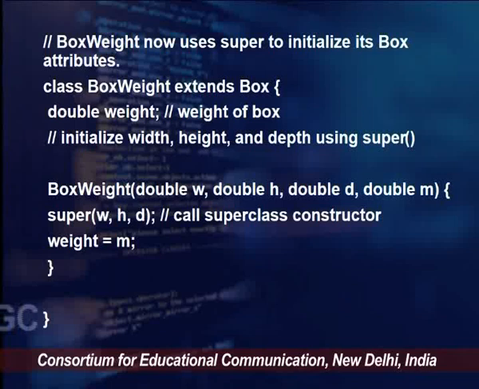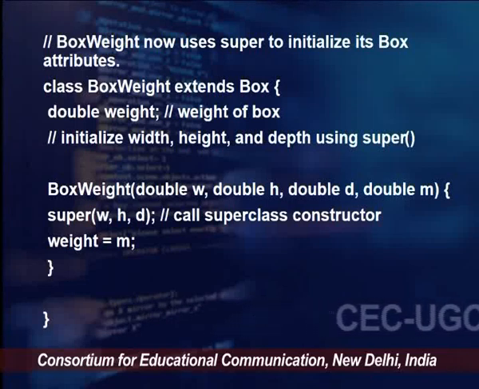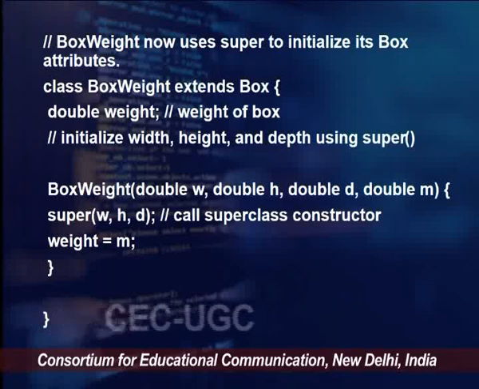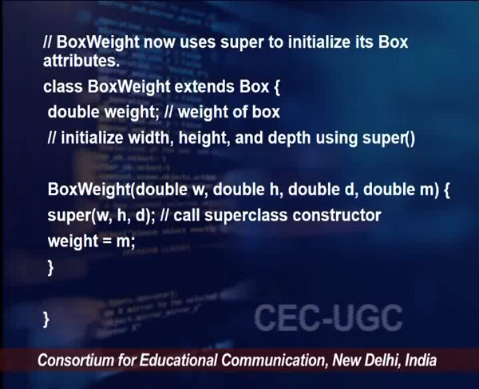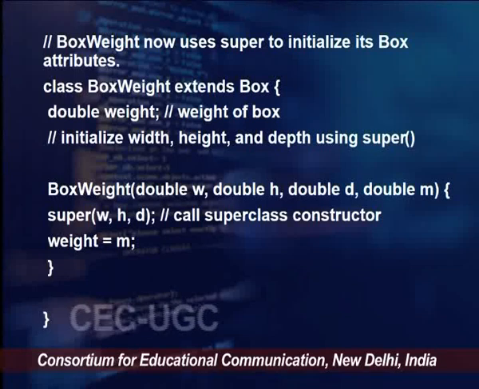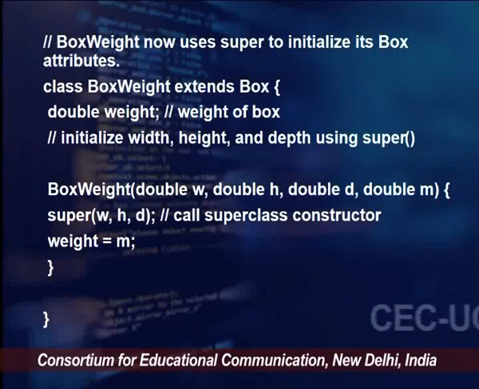So we have one class, Box, which is obviously the superclass we have seen in our previous examples, and we have BoxWeight, which earlier was initializing the width, height and depth and also the weight. Weight is its own member, while width, height and depth are the inherited members. Now here we are not going to initialize width, height and depth in this constructor.